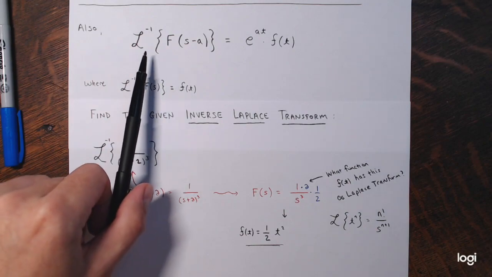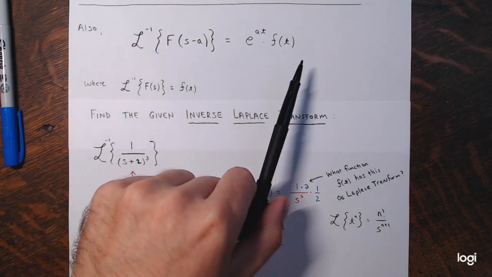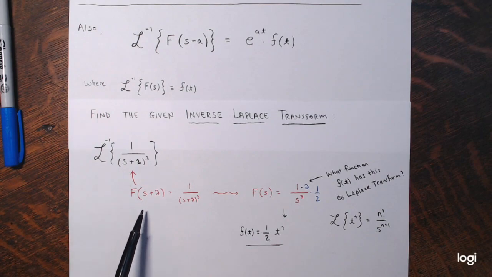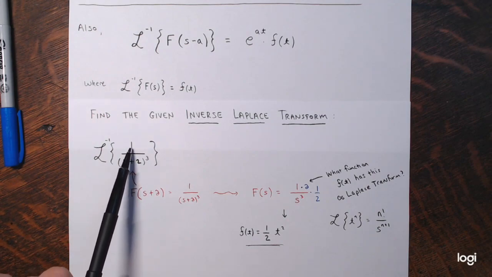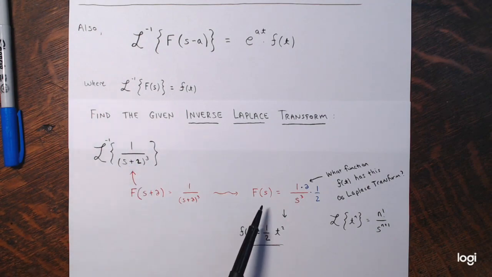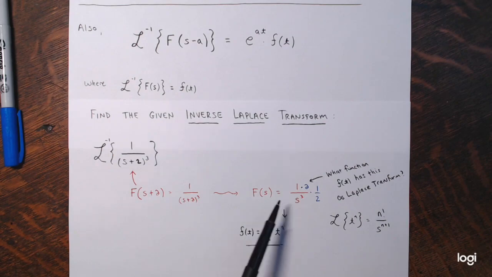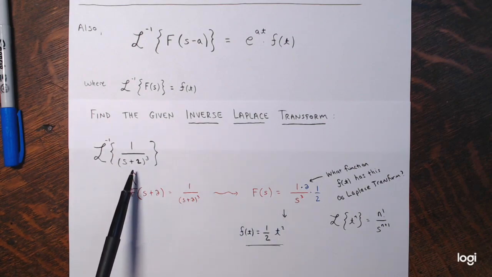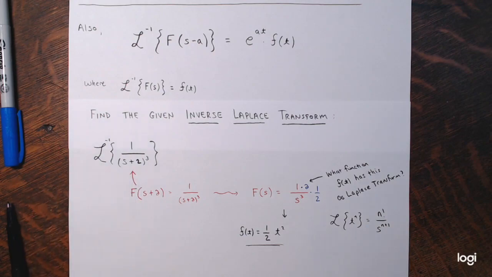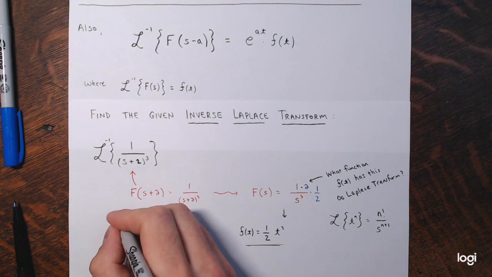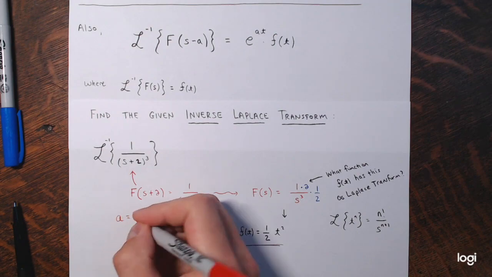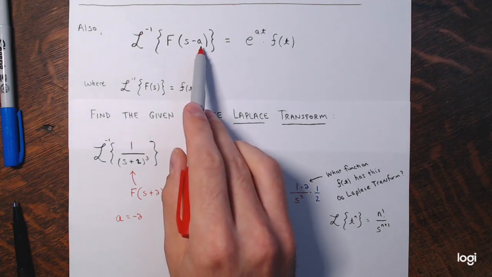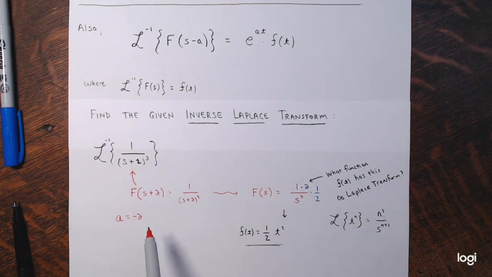And now again, from the theorem here, this function, 1 over s plus 2 cubed, is this capital F with s plus 2 inside. So the value of a is negative 2. When it says s minus a, that's s minus negative 2.